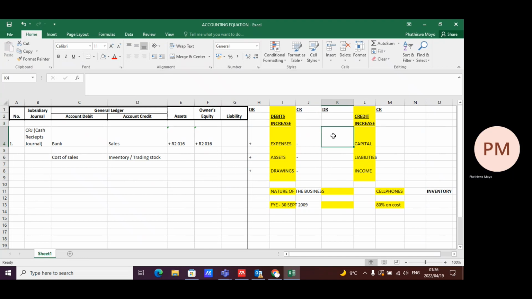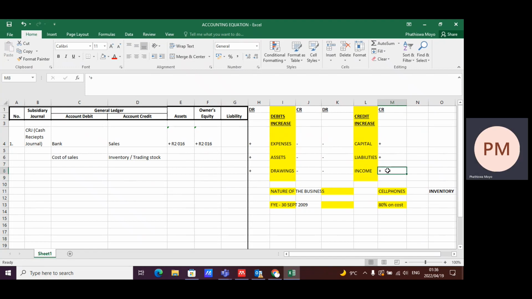Okay. Capital decreases on this side. Okay. Now, this should make sense.